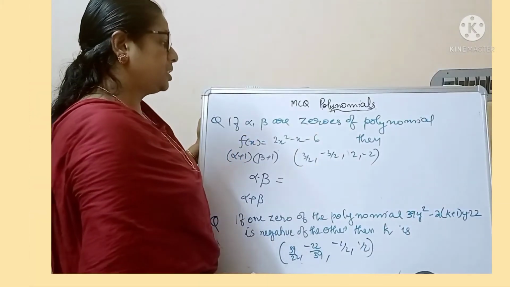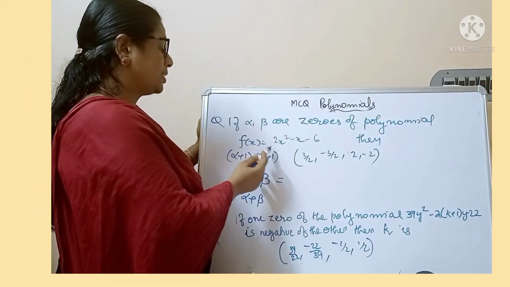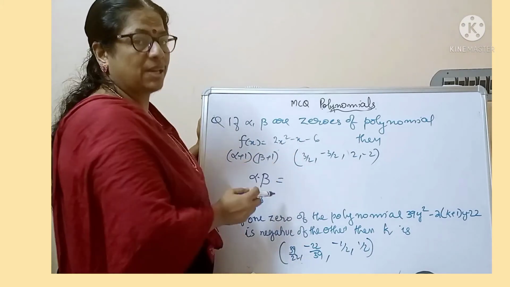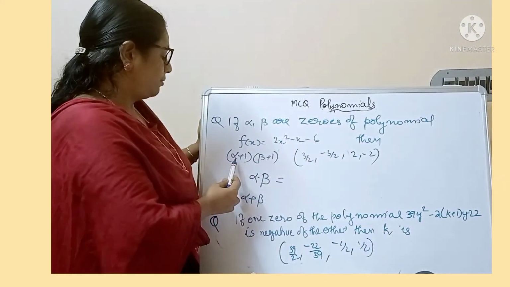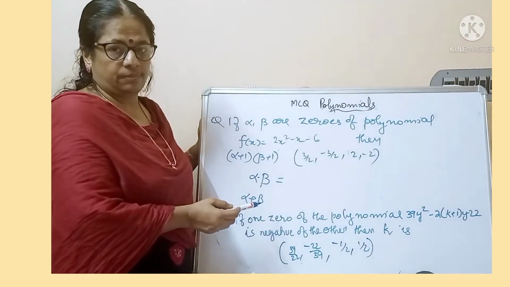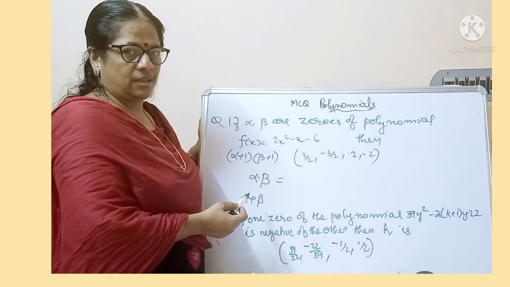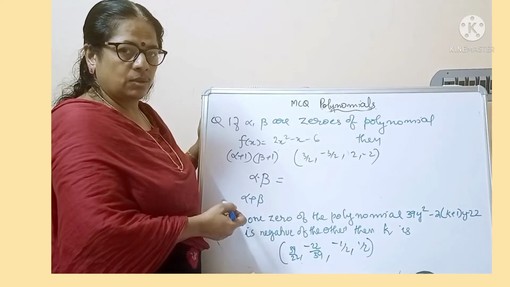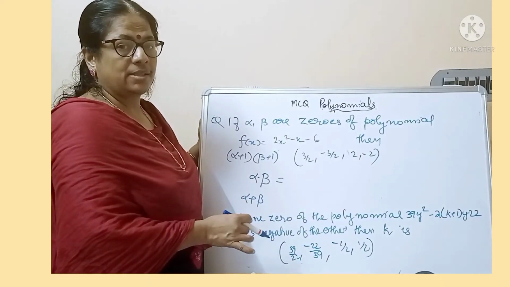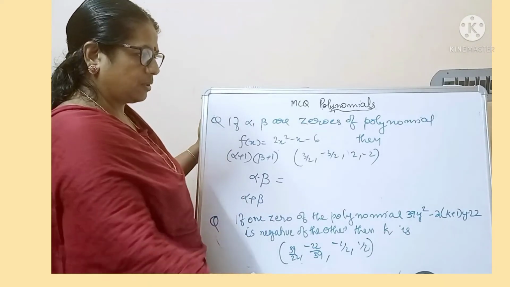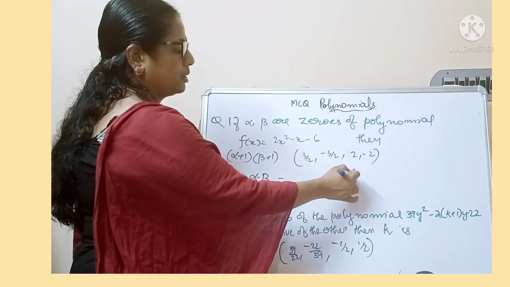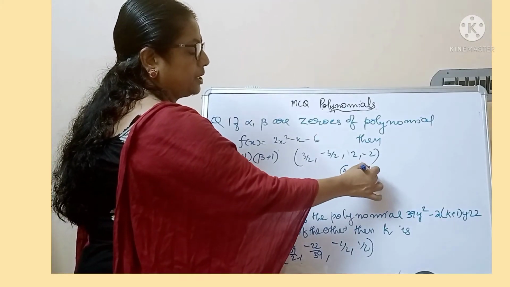If alpha, beta are zeros of polynomial f of x equal to 2x square minus x minus 6, then find alpha plus 1 into beta plus 1. How can we find alpha plus 1 into beta plus 1? We want to expand it.